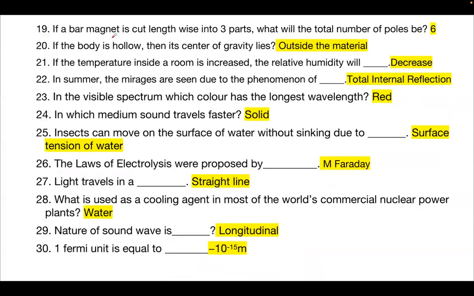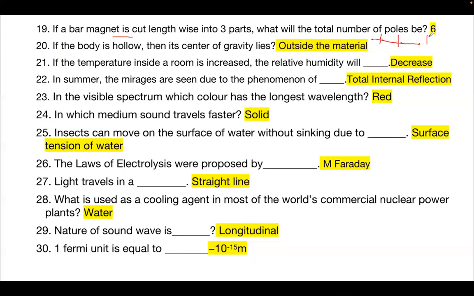If a bar magnet is cut lengthwise into 3 parts, what will be the total number of poles? If a bar magnet is cut into 3 parts, this is one part, this is one part, and this is one part. So we will be having here north, here south, again here north, here south, here north, and here south.